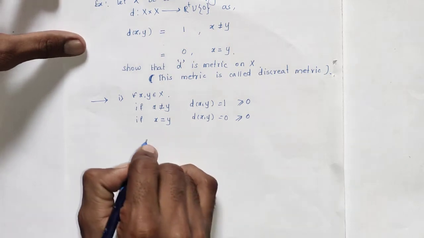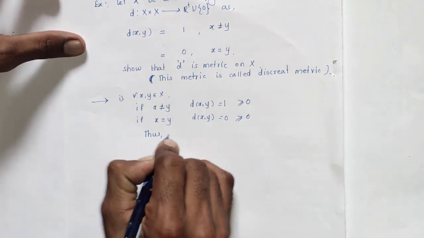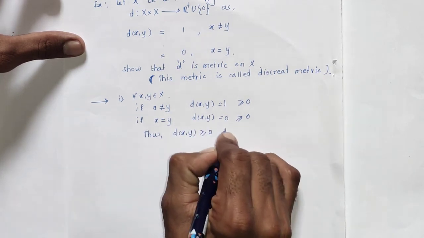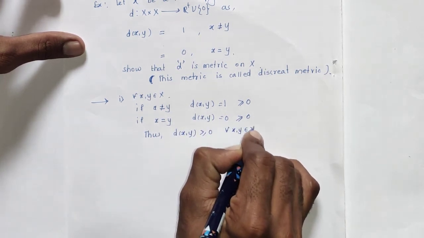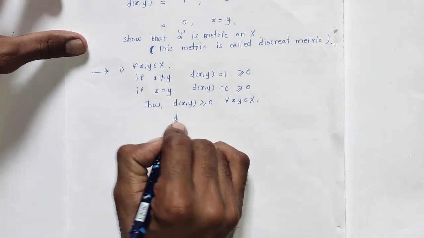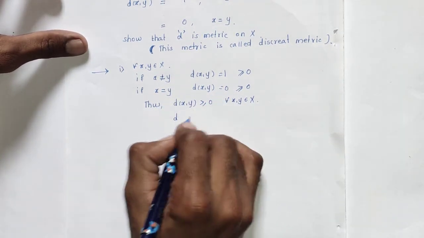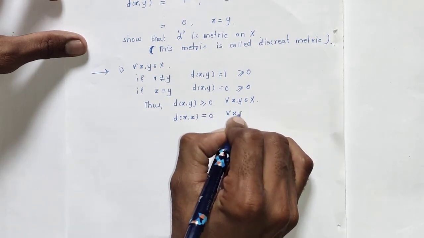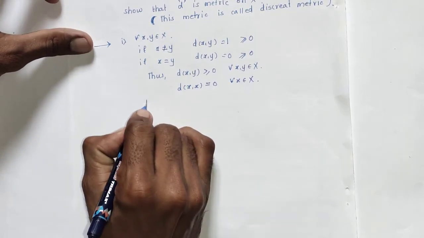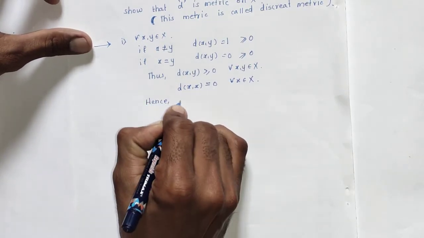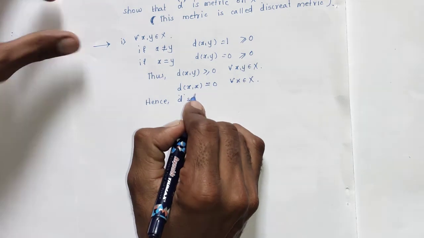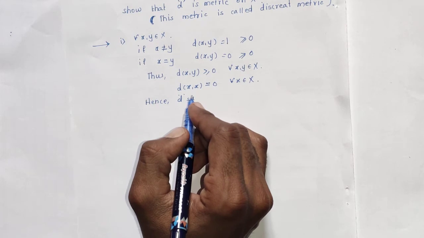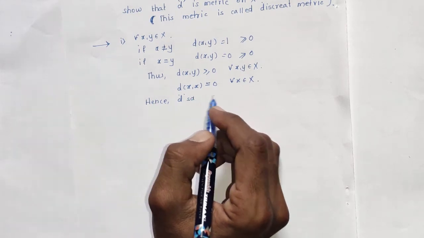Thus we can say that distance of xy is greater than or equal to 0 for all x, y belongs to X, and distance between x and x is equal to 0 for all x belongs to X. Hence d satisfies non-negativity.